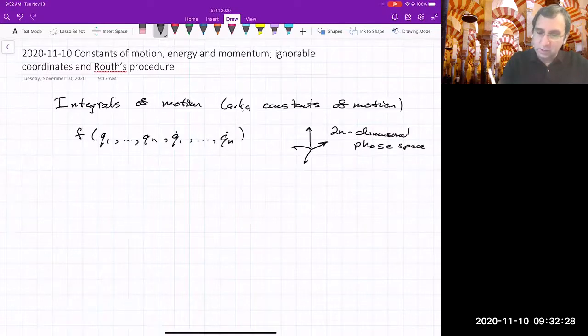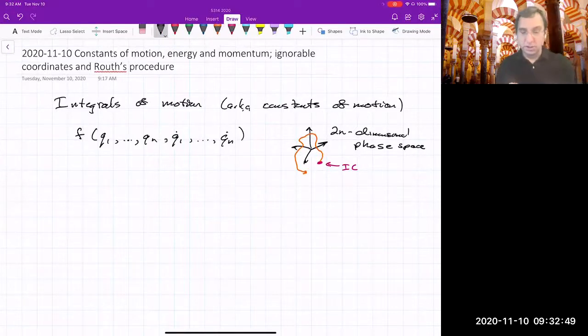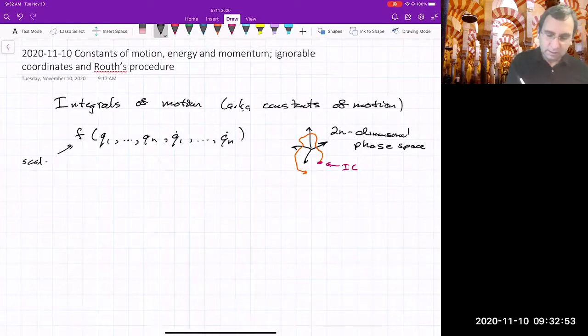And in general, you start with some initial condition, and then that evolves and moves around in your space. And usually you get at that through some simulation, numerical simulation. But there are functions, let's call them f. These are scalars that are equal to a constant during motion.